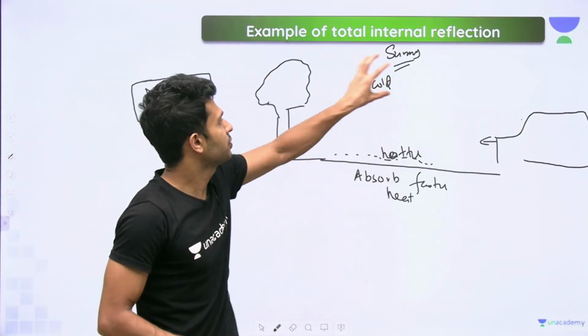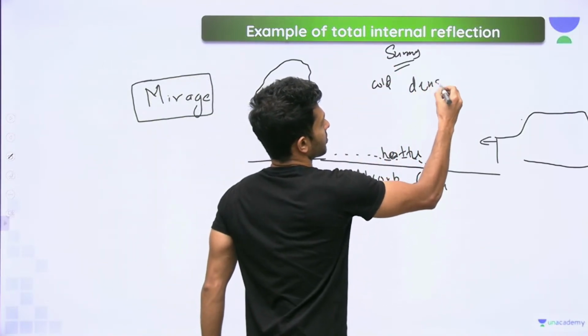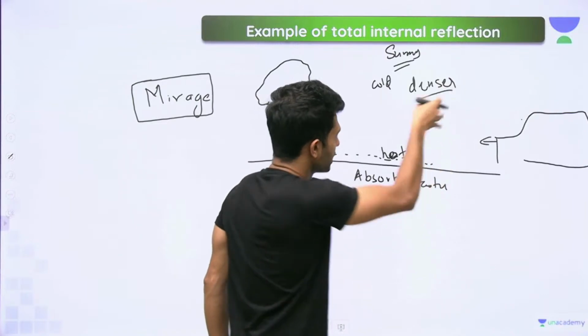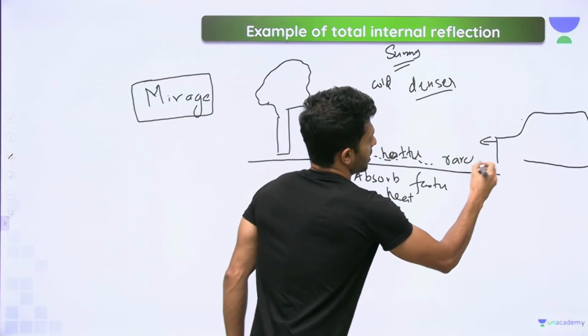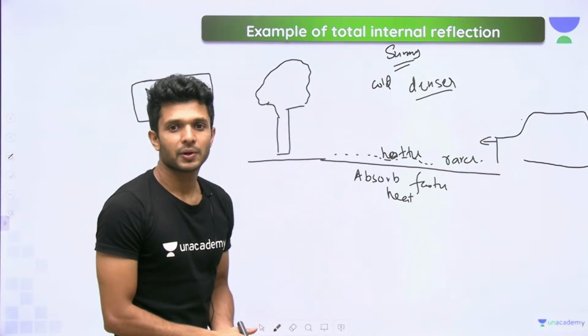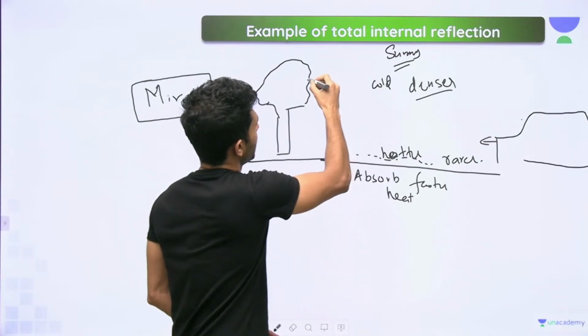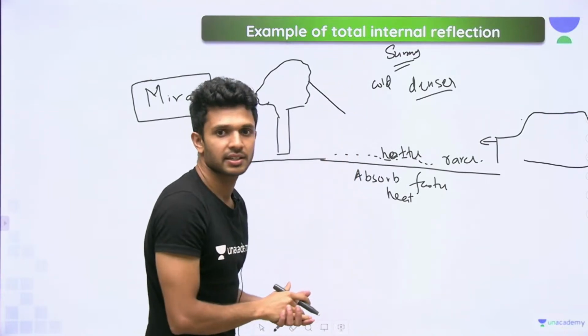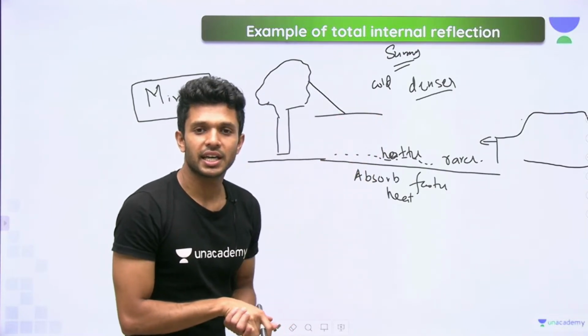Because of the cold air, the top will be acting as a denser medium, and the bottom part of the air molecules will be acting like a rarer medium. So if a light ray travels from this air, it is almost like traveling from denser medium to rarer medium.